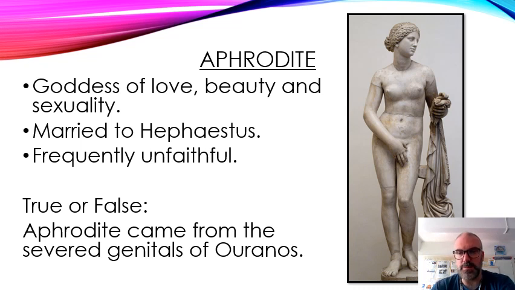So one of her birth stories, and gods often have a variety of different origin myths, is that Uranos's genitals were sliced off and thrown into the sea, and in the bubbling foam of the genitals and the waves, out pops Aphrodite, this goddess of love, beauty, and sexuality. And that's where you get the very famous picture of Aphrodite in the clamshell.